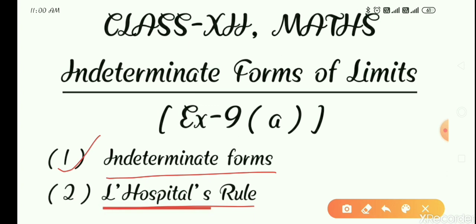In class 11th, in the chapter of limits, one exercise was based on L'Hospital rule. By using L'Hospital rule, you were finding limits of the given functions. So here also some difficult problems will come in which you will apply L'Hospital rule and find the limit.